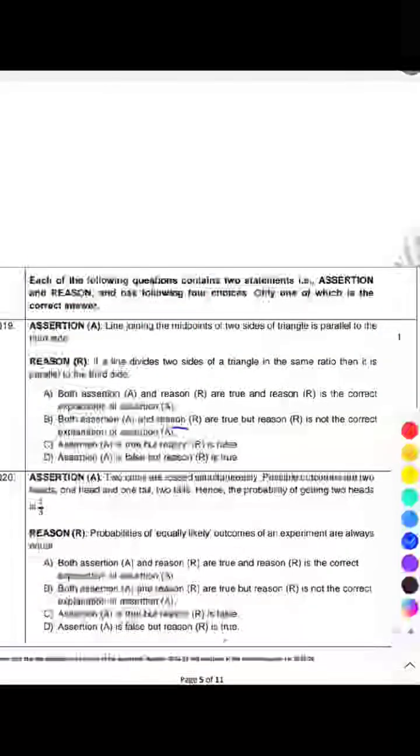Now question number 19. Each of the following questions has two statements, assertion and reason. So first assertion, what is given here? Line joining the midpoints of two sides of a triangle is parallel to the third side. Yes, it is our BPT. In a triangle, if we find the two midpoints and join them, this side and this side must be parallel according to BPT.